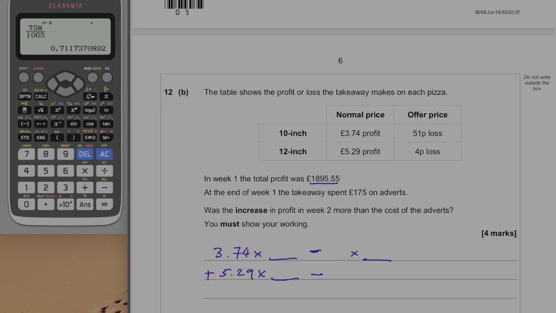I need to do that in terms of pounds, so I'm going to put that as 0.51, and I'm going to do that as 0.04 times by this number.